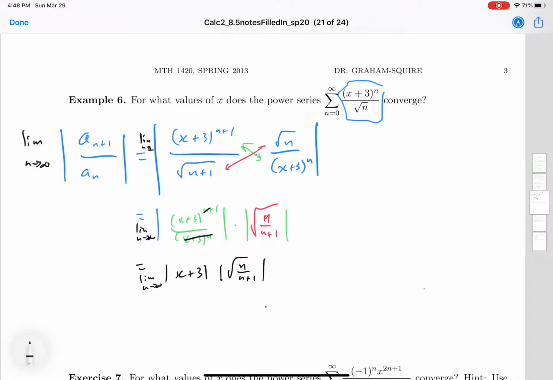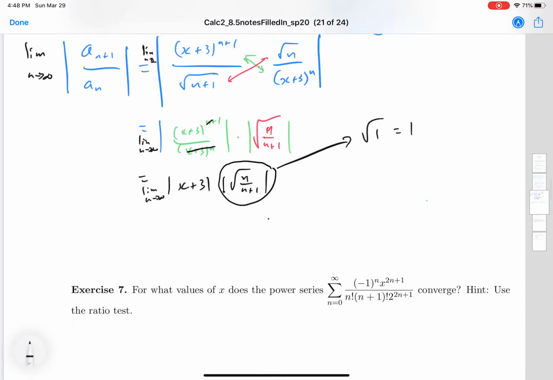They're always going to be 1 apart, but as you go to infinity, this whole thing is just going to get closer and closer to the square root of 1, which is just 1, so it's going to disappear. So that limit is just equal to the absolute value of x plus 3.